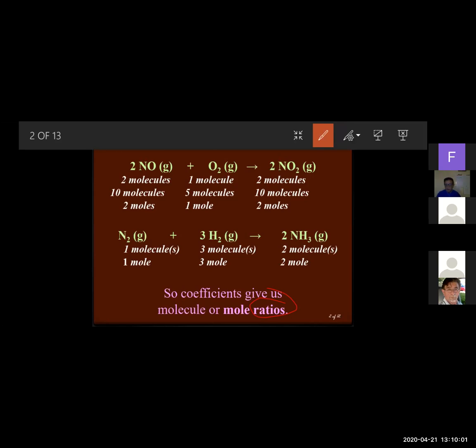So the ratio between nitrogen and hydrogen in the previous examples, I can write 1 nitrogen in the denominator, 3 hydrogens in the numerator, or invert it: 3 hydrogens in the denominator and 1 nitrogen in the numerator. Which one we use depends on the question being asked or what we're trying to calculate, keeping track of your units.